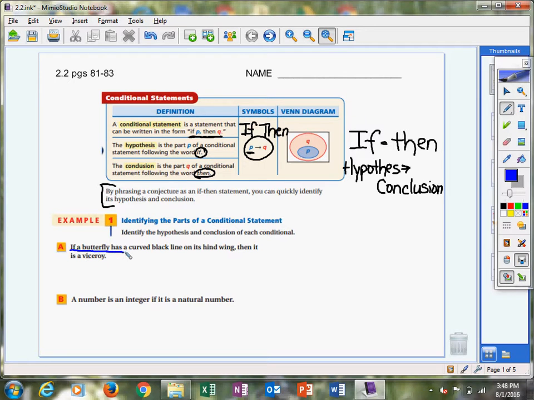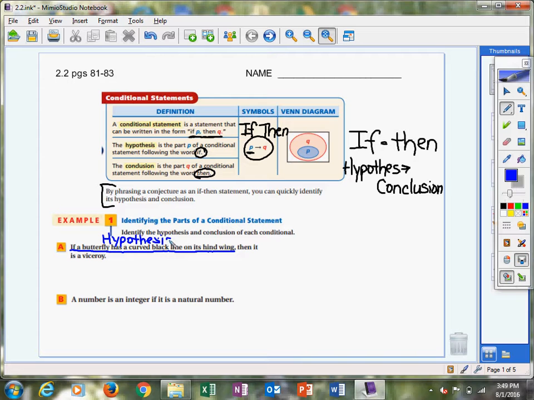So if a butterfly has a curved black line on its hind wing, there's your hypothesis. Anything that follows the word if is the hypothesis, and that's what they're wanting us to identify as the hypothesis. So I don't want you to have to rewrite this whole thing. I want you to underline it in blue or highlight it in blue, and then over the top write hypothesis.